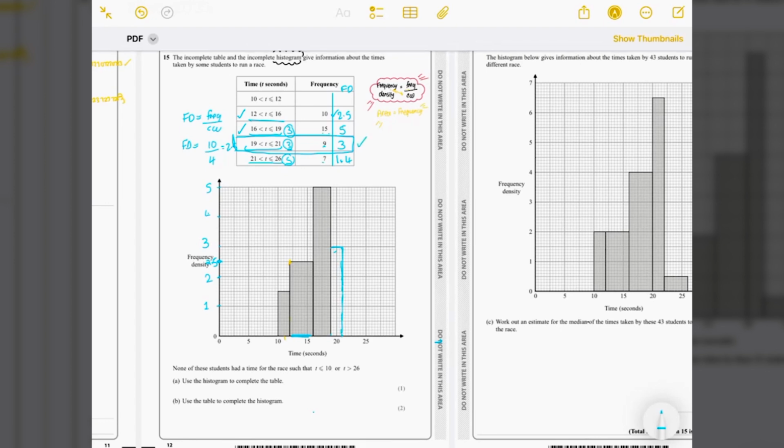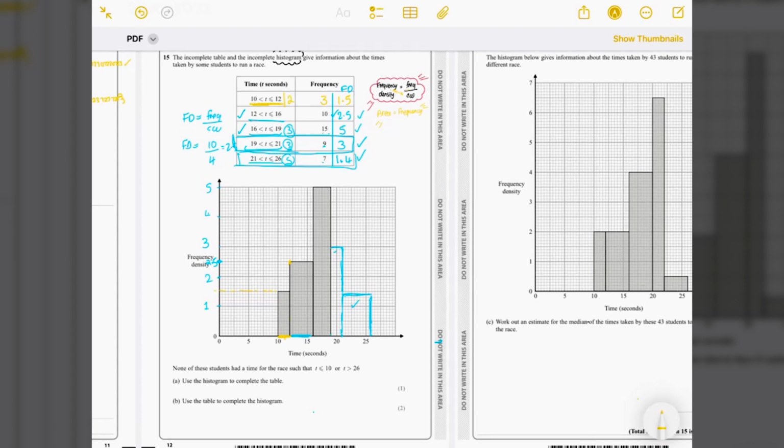So we've done this one, and these two are already done. 21 to 26 is 1.4, so this is going to be 1.4. So that is this one over there. Now let's fill in the frequency for the first one. 10 to 12, let's do that in, so 1.5 times 2, so my frequency is 3.